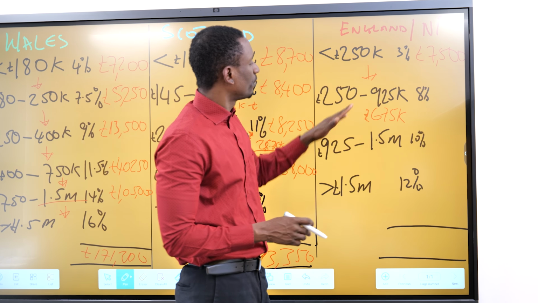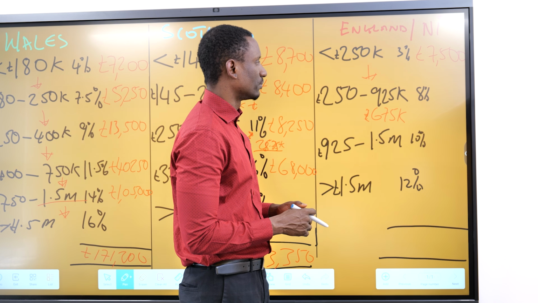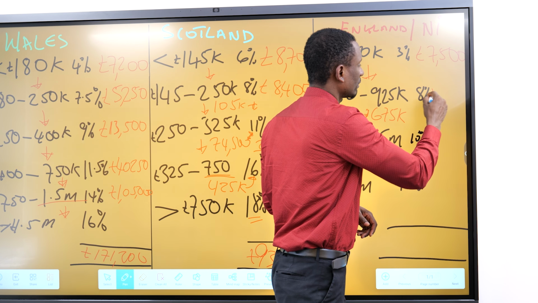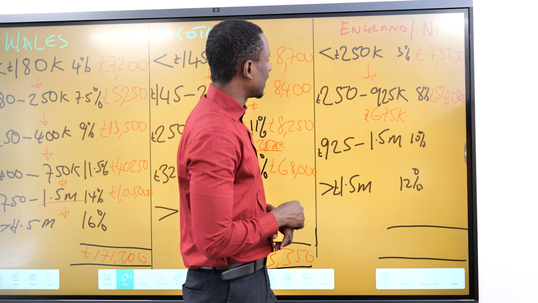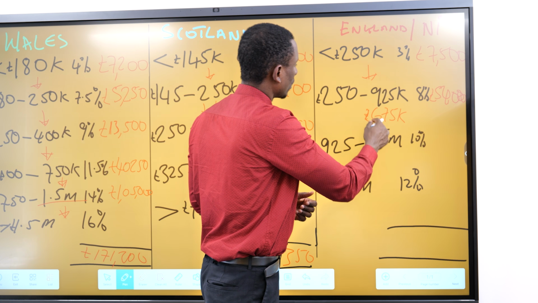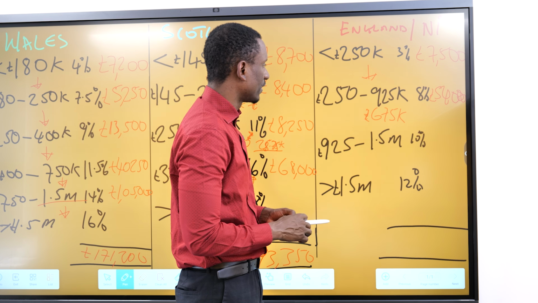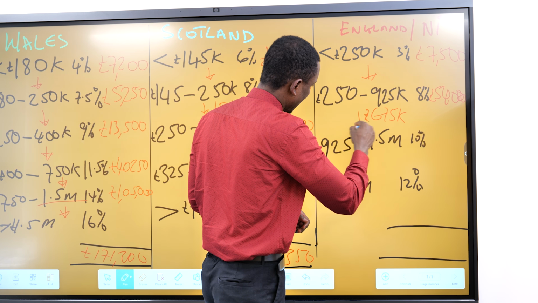So the investor will be liable to pay 8% on the £675,000, which would have been £54,000. So you would have paid £54,000, which is 8% of the £675,000. Moving on, we're taking on the next step.